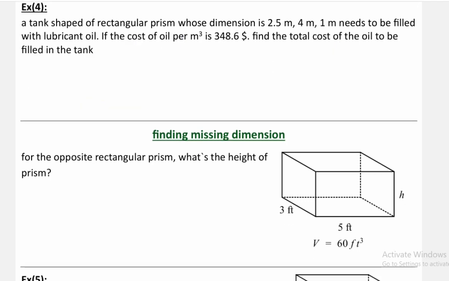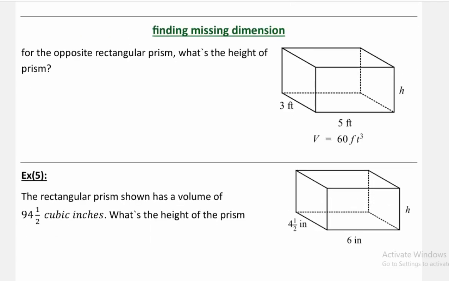Move to another one. Finding the missing dimension. What's the missing dimension? In this scenario, I'll give you 2 dimensions of the 3 dimensions of the rectangular prism, and give you the total volume, and I'll ask you to find the third missing dimension. Let's see how we calculate it. Simply, the volume of the rectangular prism is length times width times height.